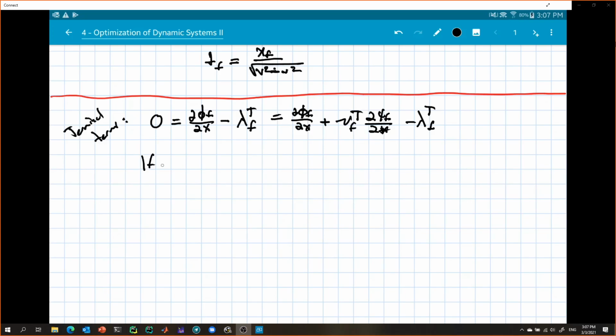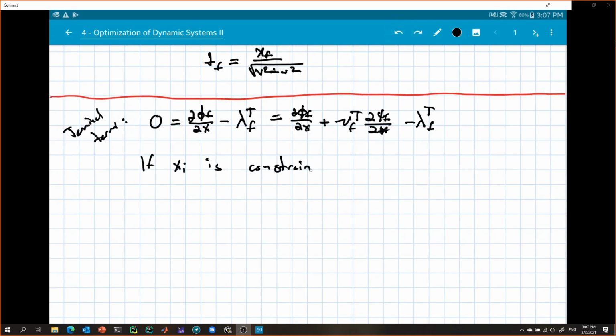if xi is constrained, then that means it shows up in this constraint vector. I guess it doesn't have to be that particular element, but let me list it as that. That's correct nomenclature.